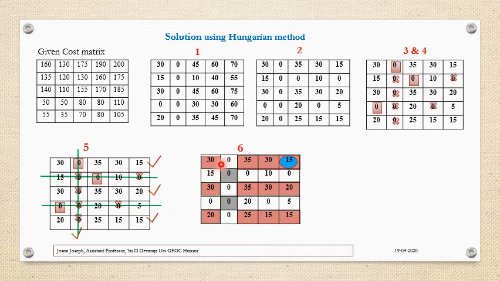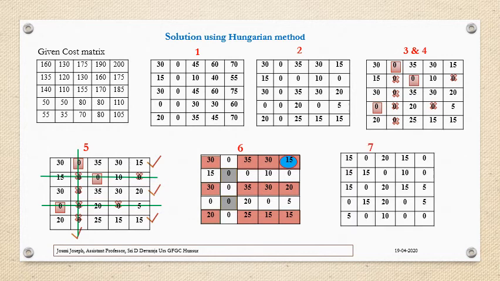The other elements on a single line will remain as they are. Now we subtract this 15 from all the uncovered elements and add 15 to these two. So we will get this cost matrix.